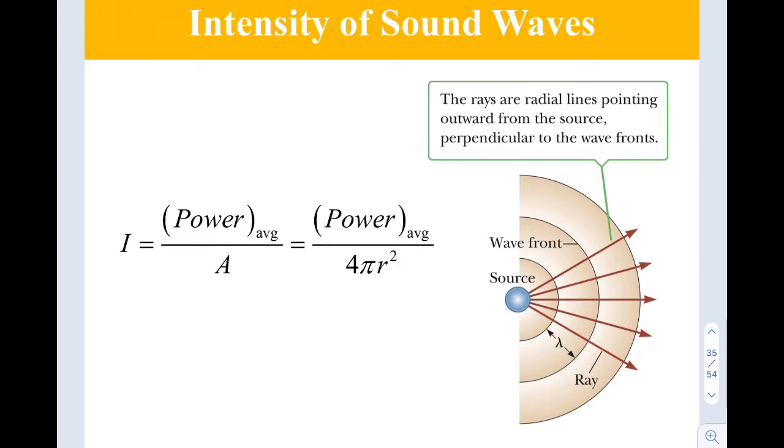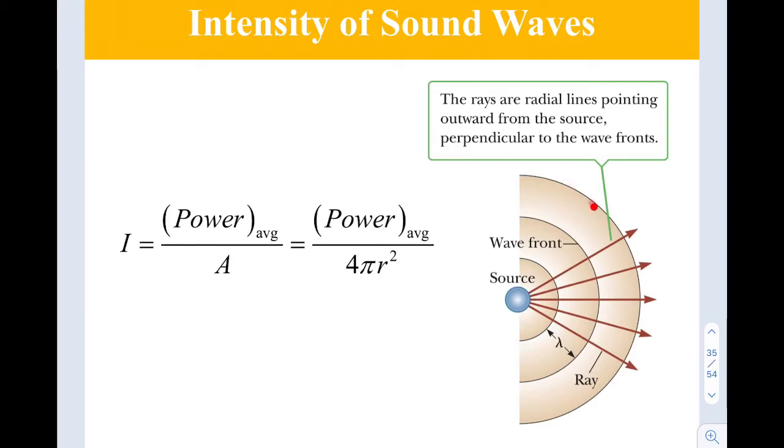The distance from one wavefront to another is 1 lambda, so we can consider this crest to crest, or trough to trough. This is the ray of the wave propagating radially outward from the source.